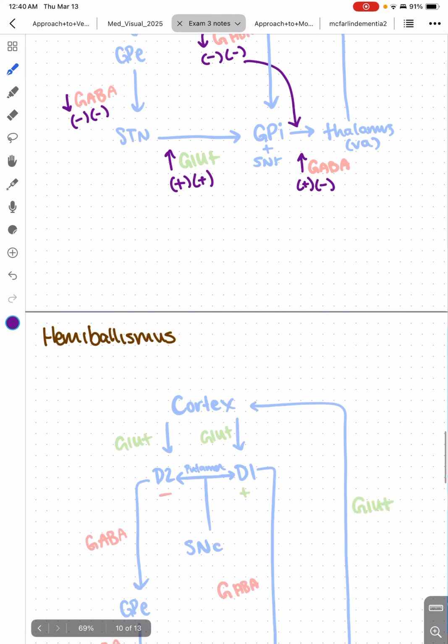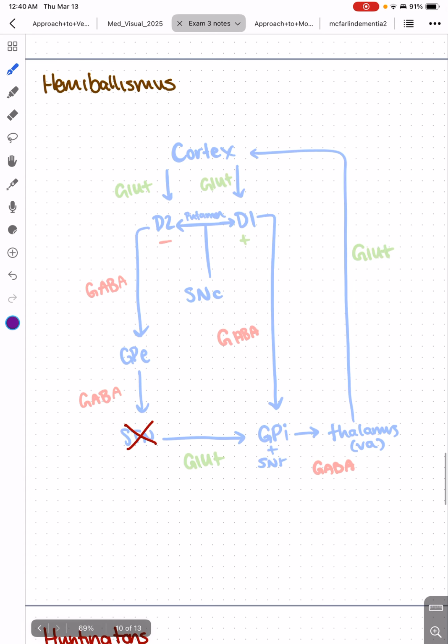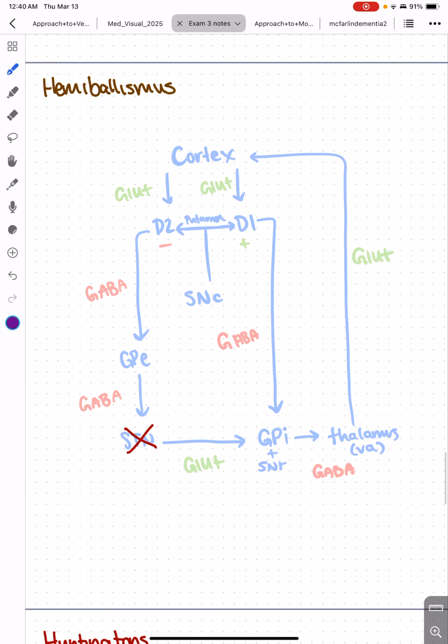And we can see this also with hemiballismus. So we're going to see a lesion at the subthalamic nucleus. If we have a lesion here, we're going to see a decrease in the neurotransmitter that it secretes. So a decrease, a negative, of glutamate, a positive, gives a negative effect on GABA in the next step.